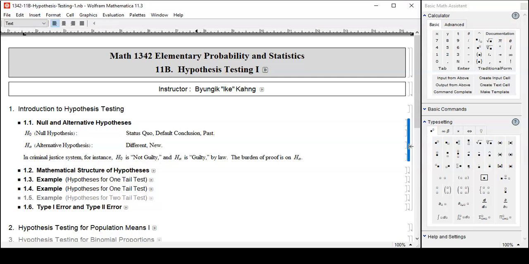Presumed innocence until proven guilty, right? Is that it? Well, maybe I'm wrong. English is not my first language. Anyway, you see the picture. The burden of proof is on the alternative hypothesis. In order to make a case for HA, you have to prove beyond reasonable doubt.